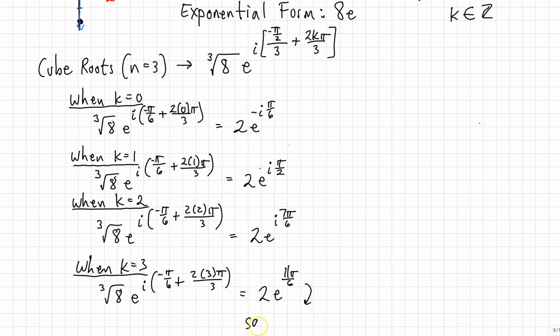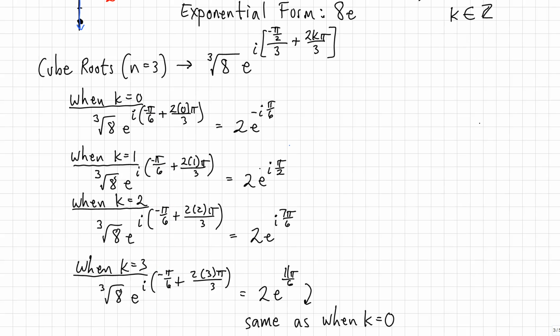So this is the same as when k equaled 0, because 11 pi over 6 and negative pi over 6 have the same terminal side, and their moduli are equal. So we've got our 3, and if we kept going, we would just get repeat answers.